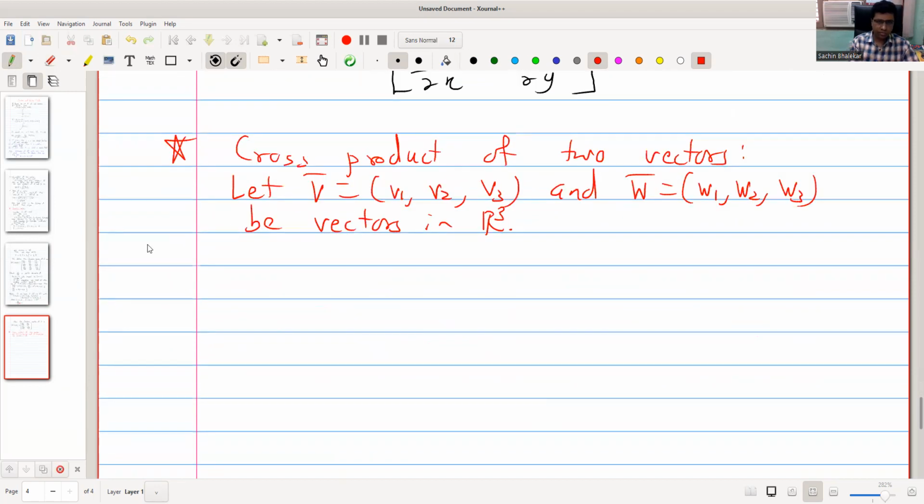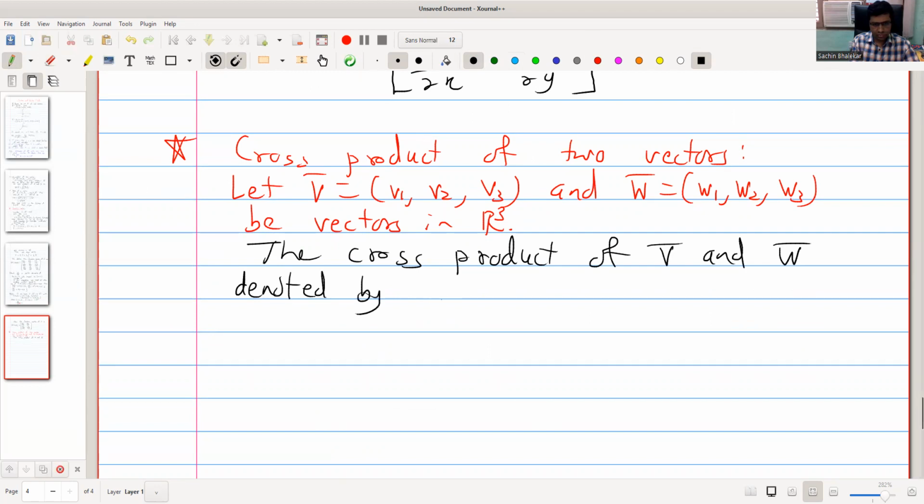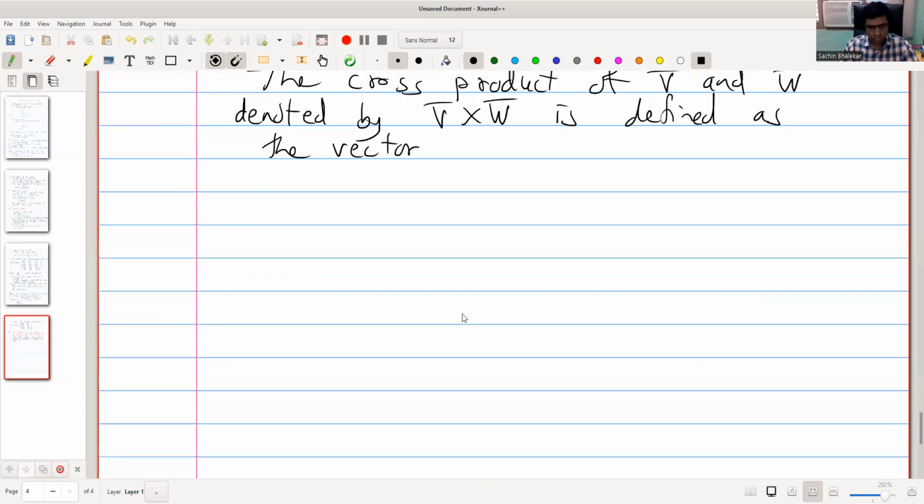The cross product of V bar and W bar, denoted by V bar cross W bar, is defined as the vector V bar cross W bar equal to the determinant whose first row is unit coordinate vectors i hat, j hat, and k hat.